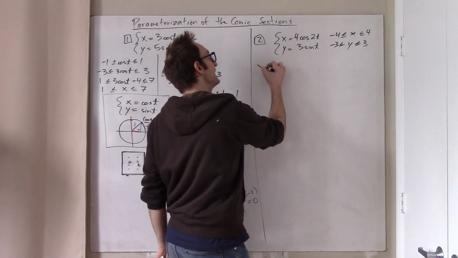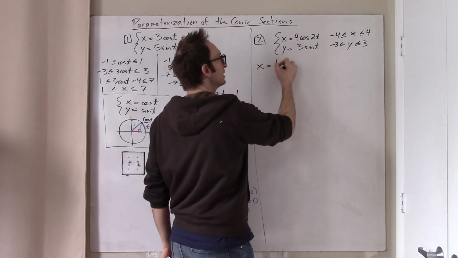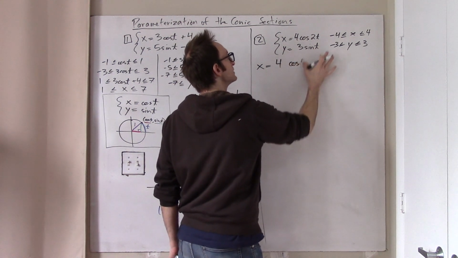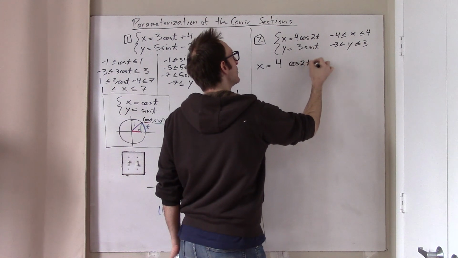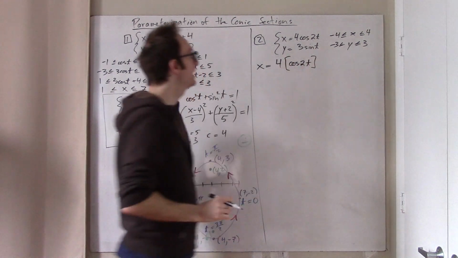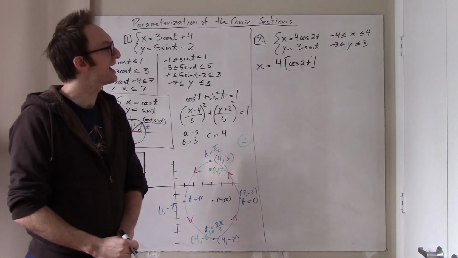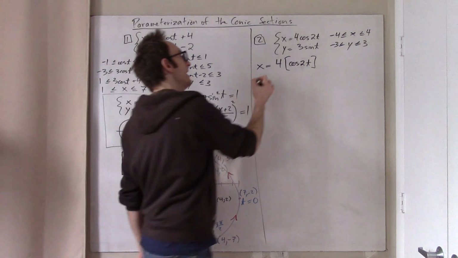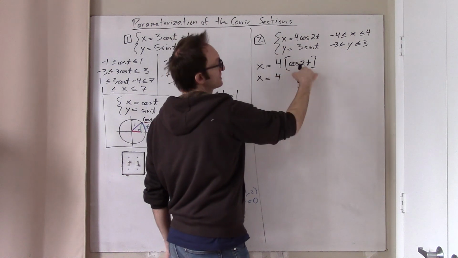The simplest thing, I think you will agree, is to start with x equals 4 cosine 2t. Why is that the simplest thing to do? Because I can express cosine 2t in terms of sine t. And so what is cosine 2t?